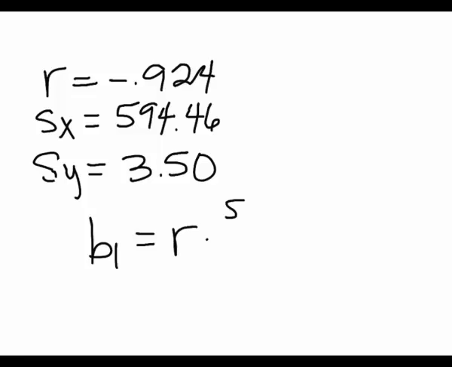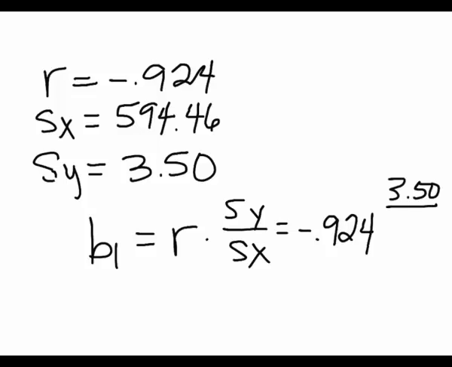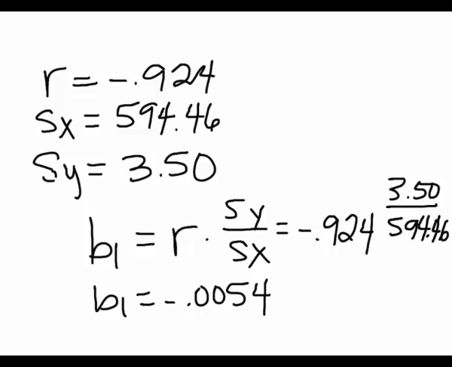So that's going to be negative 0.924 times SY, which is 3.50, divided by SX, which is 594.46. If you calculate that, you get negative 0.0054.